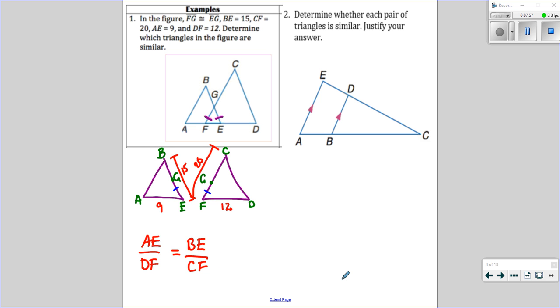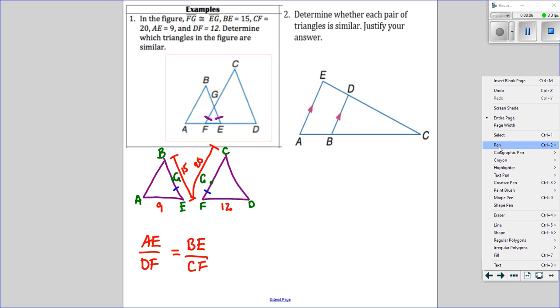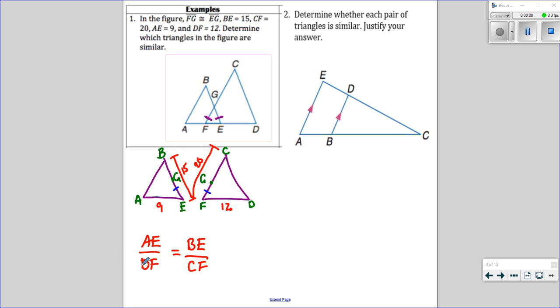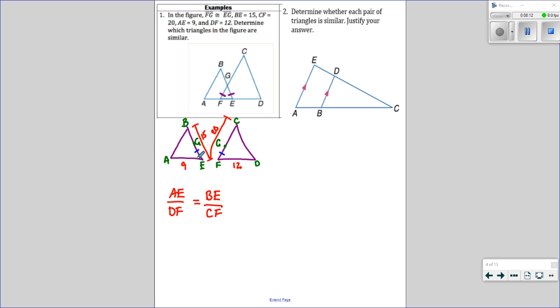That means the two ratios that are set equal to each other have to be in proportion, has to be equal to each other. So I'm going to use another color and then put in all the numbers representing this triangle. So I got AE, which is 9, then I have DF, which was 12, and then I have BE, which is 15, and then I have CF, which is 20.